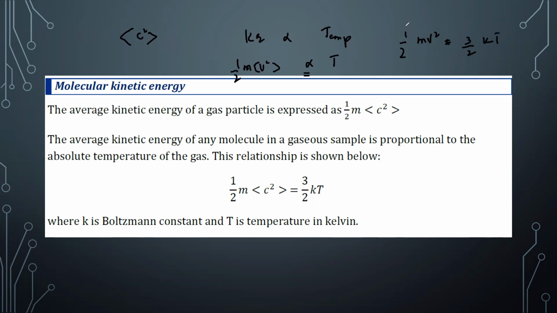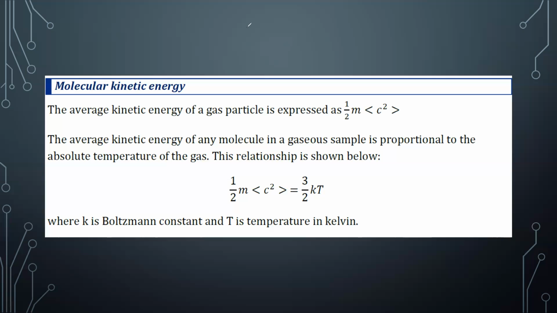This formula we can use to work out the temperature if we know the speed, or we can work out the speed of a molecule if we know the temperature. This formula shows that kinetic energy, which is half mv square, is equal to 3 by 2 kT.